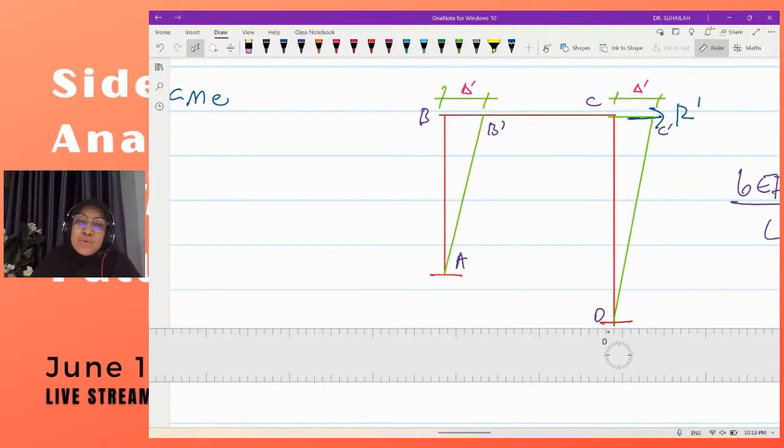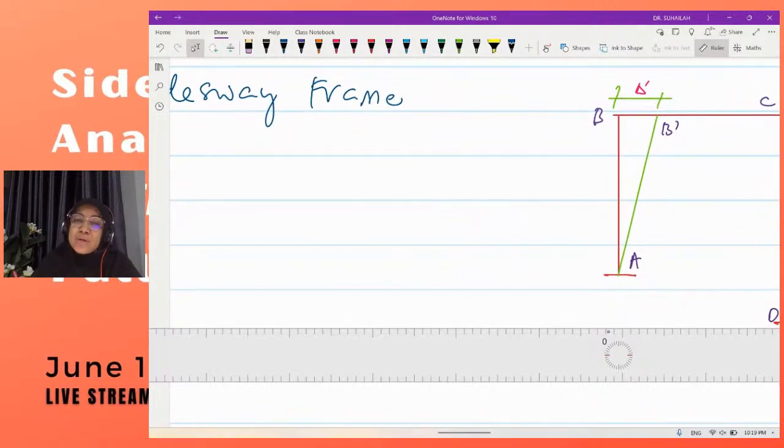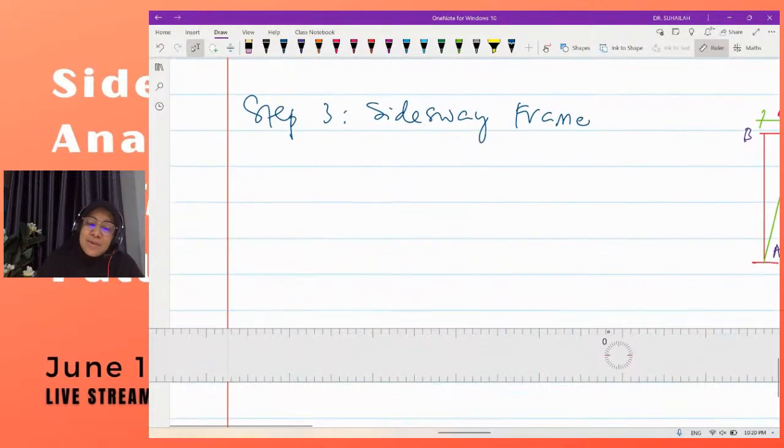We have to assume FEM since delta prime is also unknown. Delta is unknown, delta prime is also unknown. So we have to assume FEM for one column.